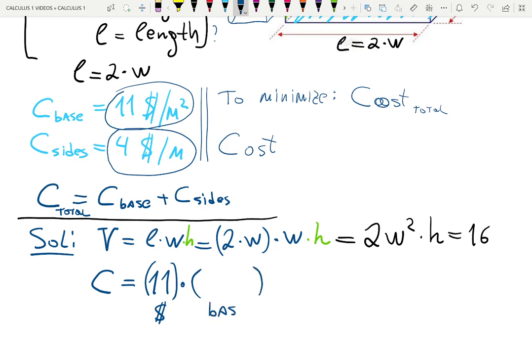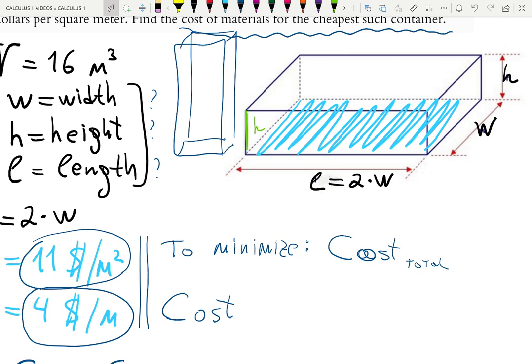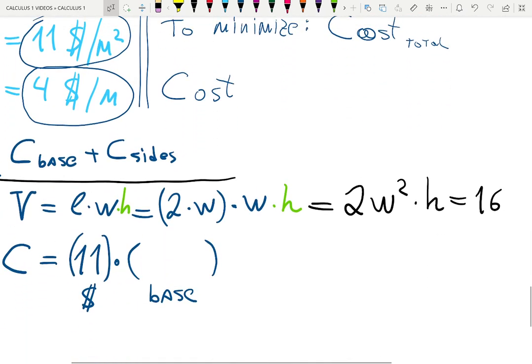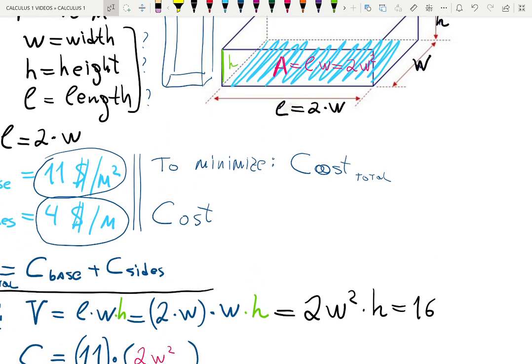So I need to figure out the size of the base. Well, that comes from geometry as well, and that is length times width, right? So area of the base is length times width, which is 2 width times width, which is 2 width squared. That's the area of the base.